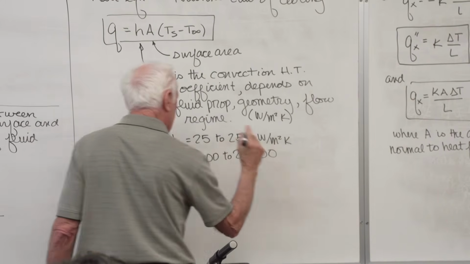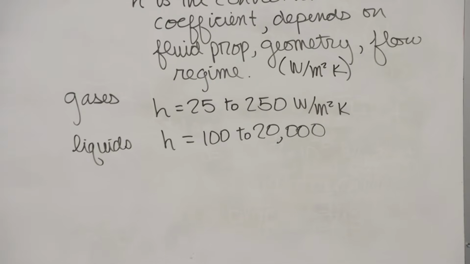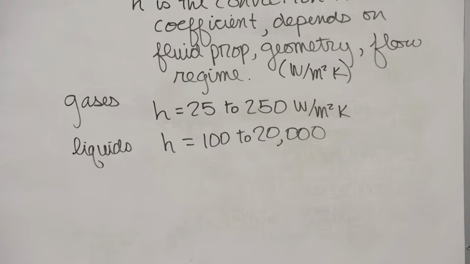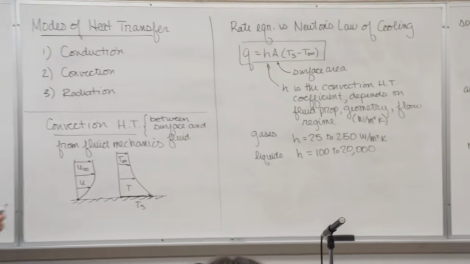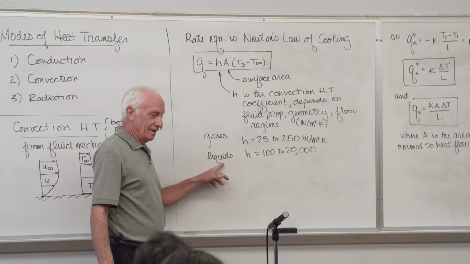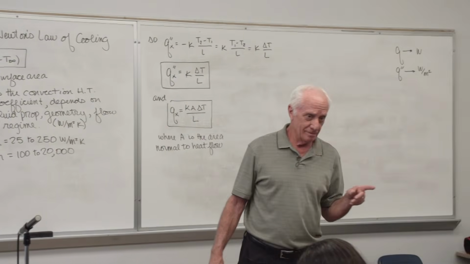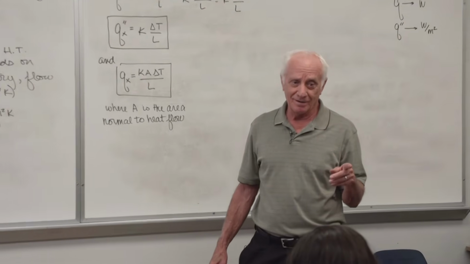Typical numbers like that, out to 20,000 compared to gases, roughly 250. So if you want good heat transfer, you want to use a liquid. You want to cool your engine block, you're going to use water, because water takes a lot of heat out, not air.